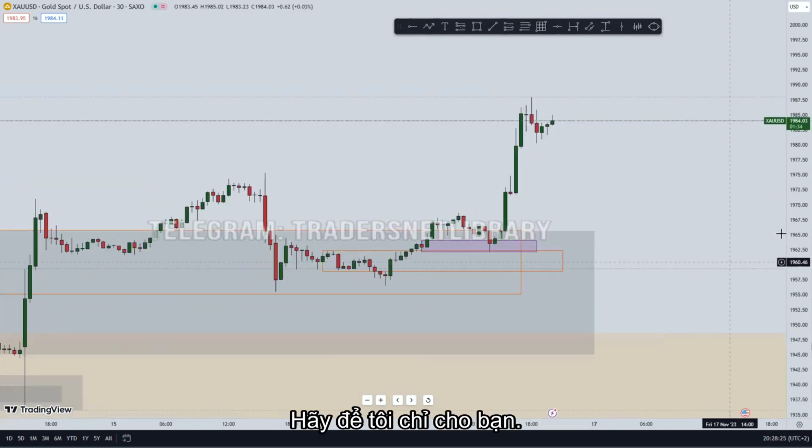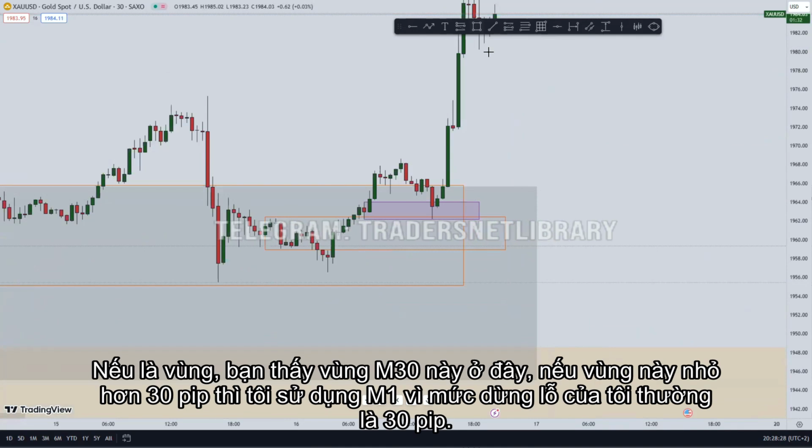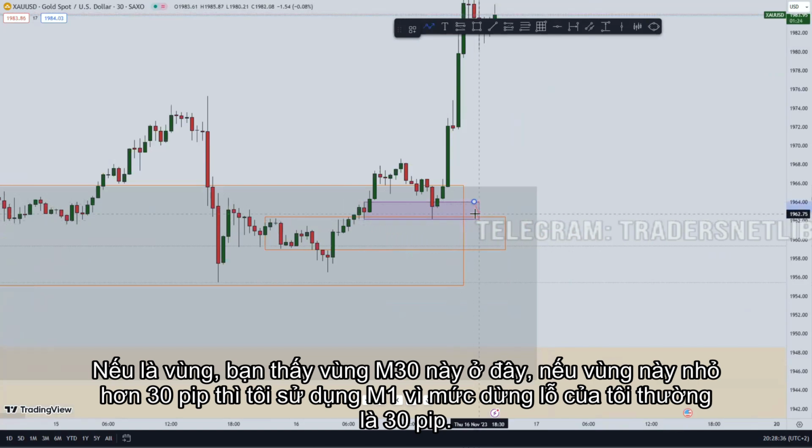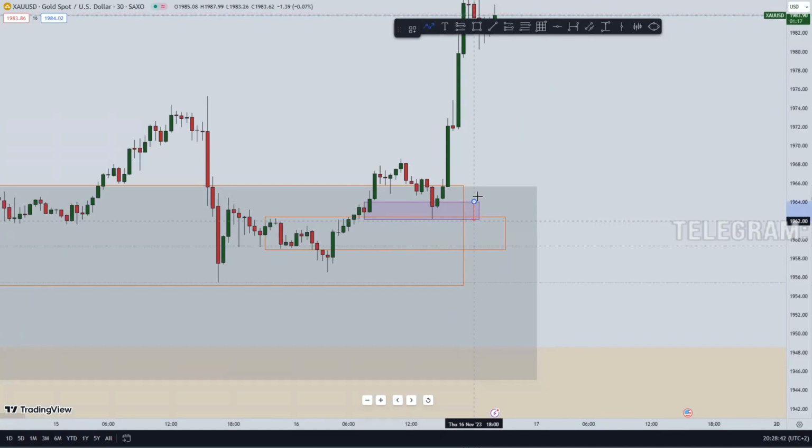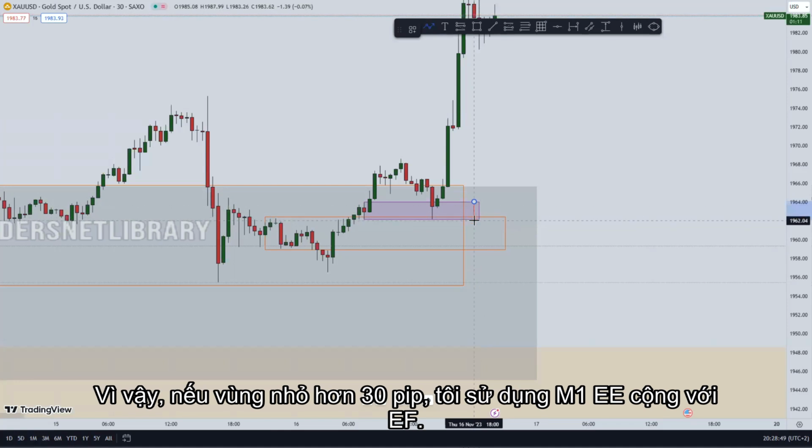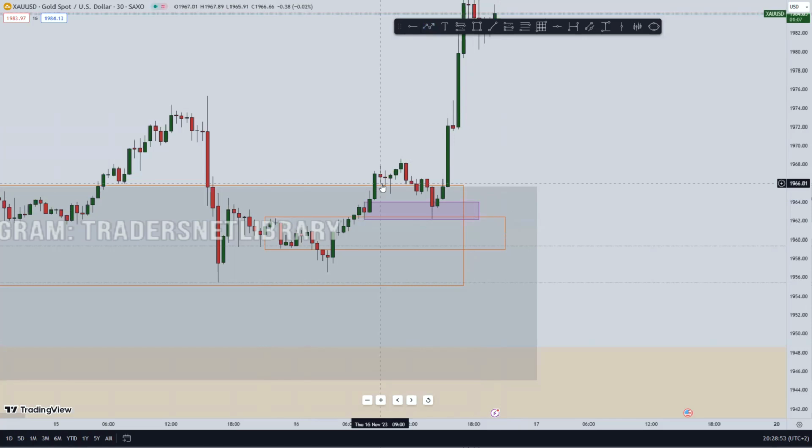Let me show you. You see this M30 zone here? If this zone is less than 30 pips, I use M1, because my stop loss is usually 30 pips, and M1 is a high-risk entry. So if the zone is 30 pips or less, I use M1 EG plus EF.